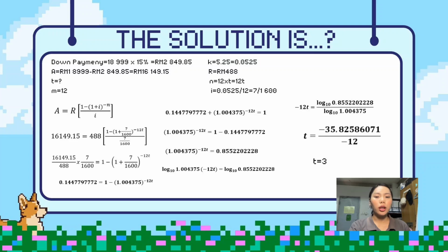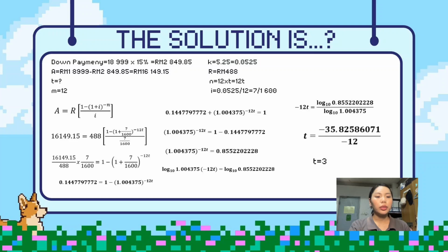We will use the formula A equals R, open bracket 1 minus open bracket 1 plus I, close bracket to the power of negative N, over I, close bracket. From question 5, M is 12, K is 0.0525, N is 12 times T, which is 12T, I is 0.0525 over 12 equals 17 over 1,600.